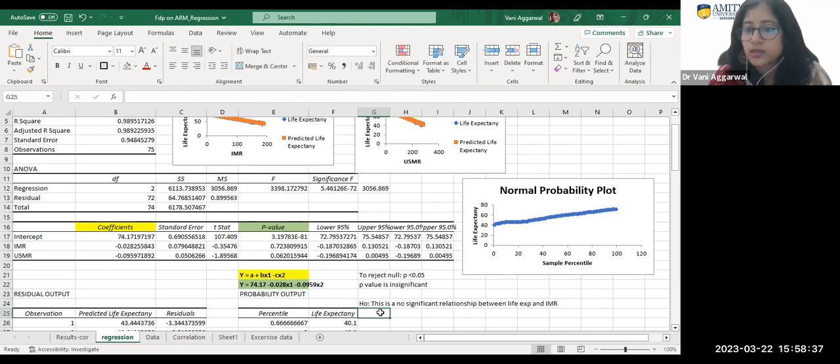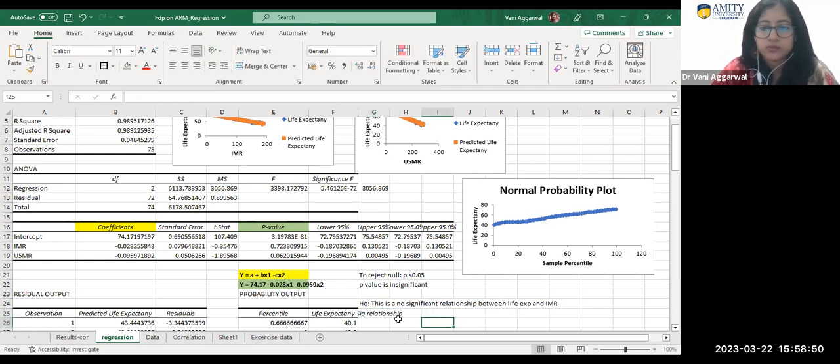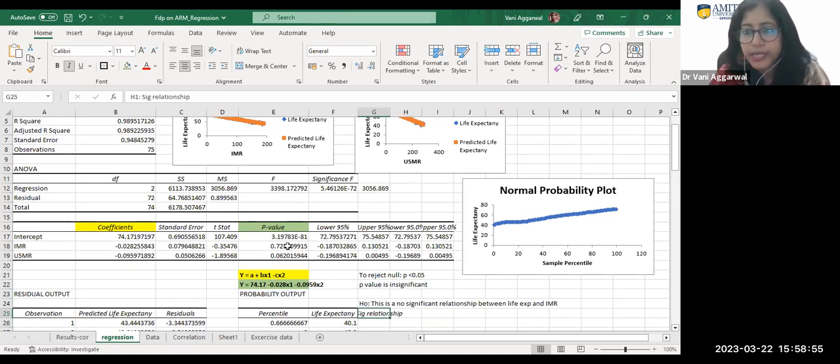This is the H0 I have set up, and H1 is that there is a significant relationship. So I need to check the p-value. Here the p-value is greater than 5%. It is 0.72, it is 72%. It is not less than 0.05. So here we are not rejecting our null hypothesis. We are saying there is no significant relationship between life expectancy and IMR.